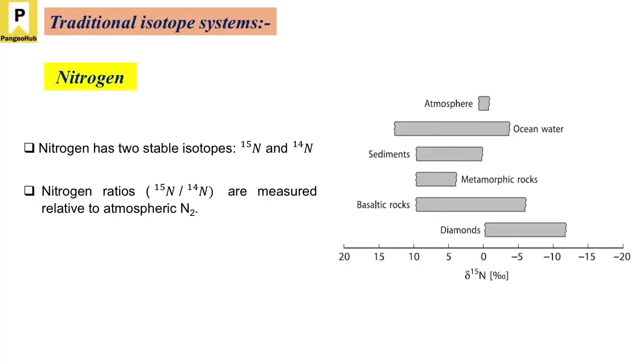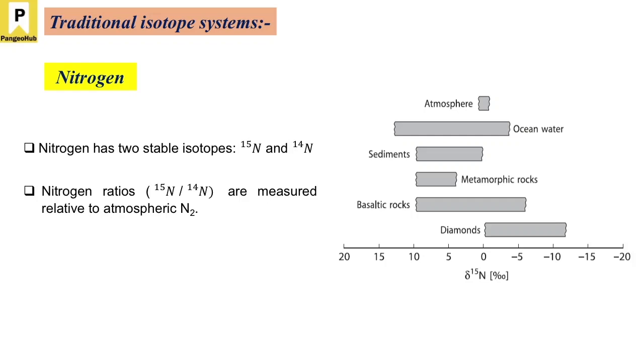Now let's move to nitrogen. Nitrogen, as we know, is the most abundant gas in our atmosphere. So nitrogen has two stable isotopes, 15N and 14N. Nitrogen ratio is generally expressed as 15N divided by 14N and is measured relative to the atmospheric nitrogen.